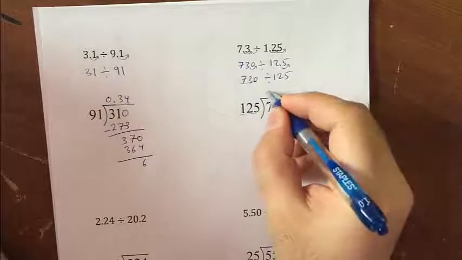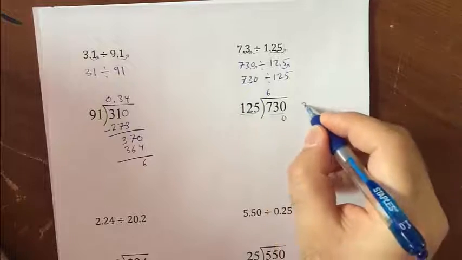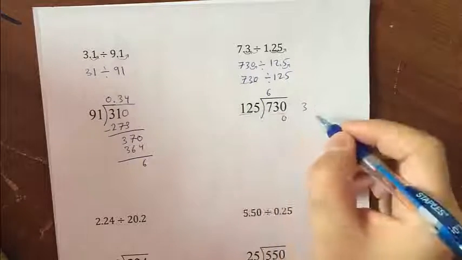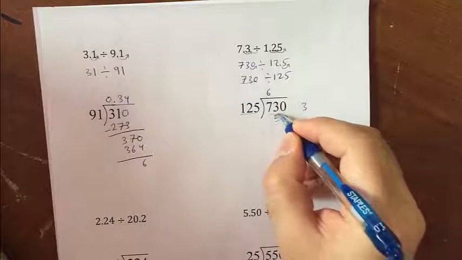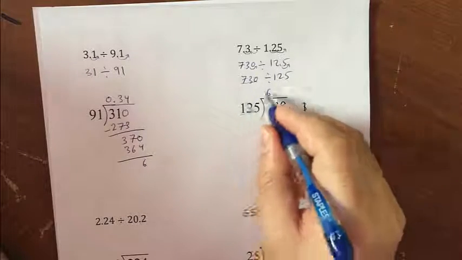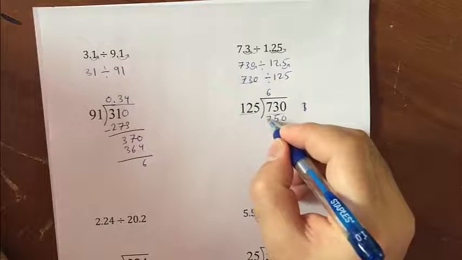Let's use 6. 6 times 5 is 30, carry over 3, 6 times 2 is 12, 12 plus 3 is 15, carry over 1, 6 times 1 is 6, 6 plus 1 is 7.